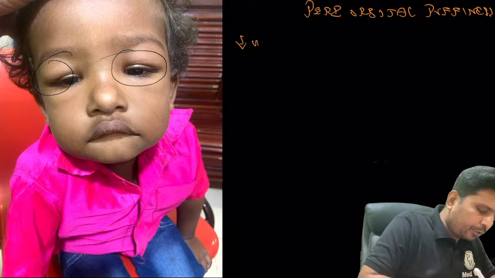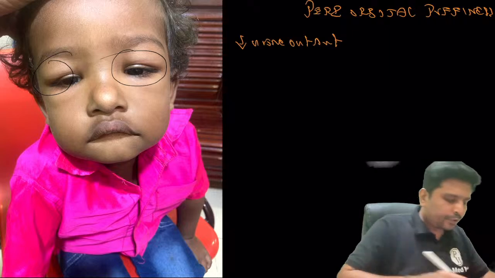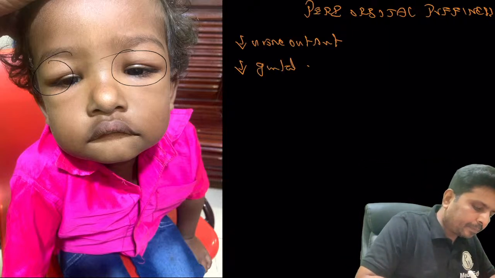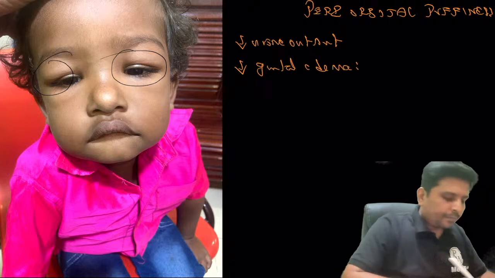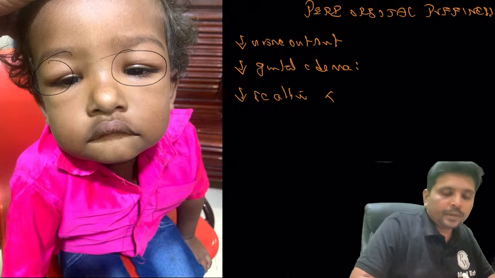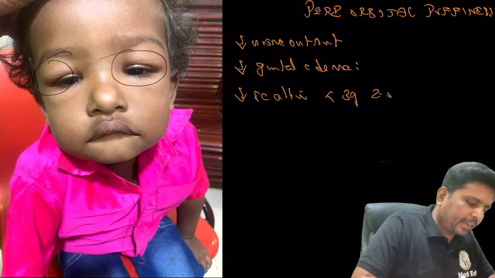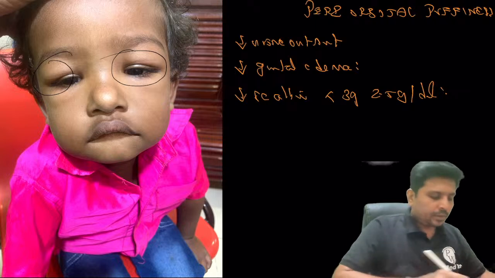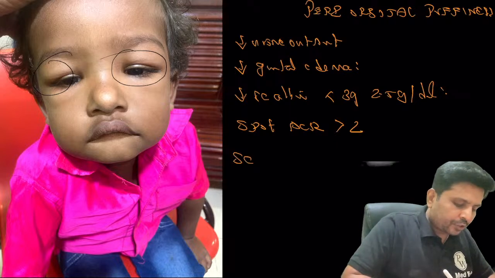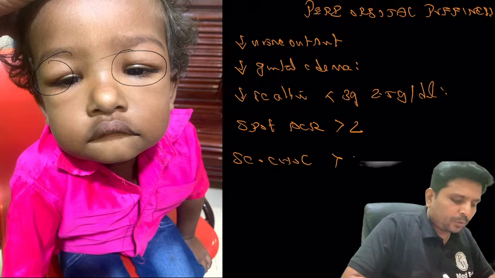With reduced urine output, with genital edema, with a reduced serum albumin of less than 3 grams or 2.5 grams per liter, spot PCR more than 2, serum cholesterol more than 200 milligram per deciliter.